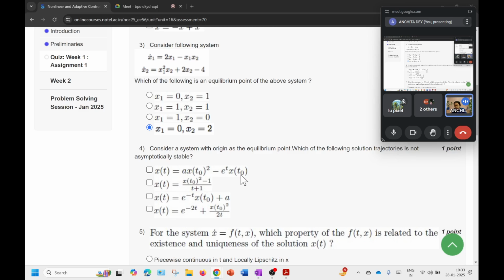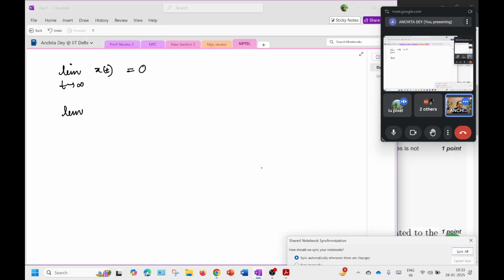Now what about the next answer? We have (x(t0) squared minus 1) by (t plus 1). Any idea about this? Yeah, it can go to 0. And what's the way to do it? We can simply use L'Hospital's rule.